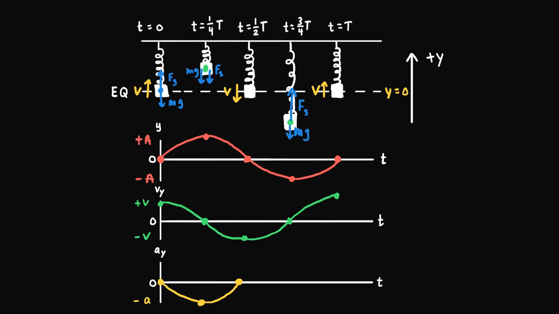And so here the acceleration will be in the direction of the net force, which is in the positive direction, so the acceleration is positive. And then lastly, when the object returns back to equilibrium, once again the net force will be 0 and the acceleration will drop off back to 0.